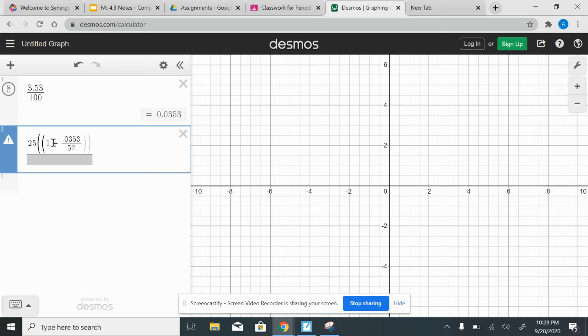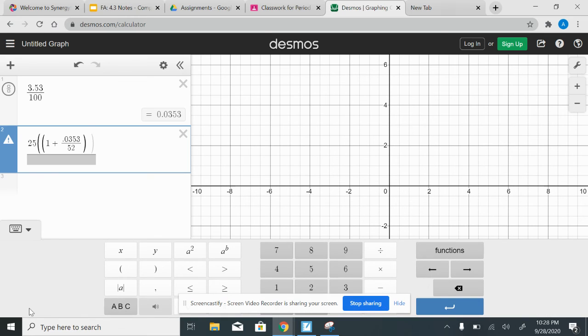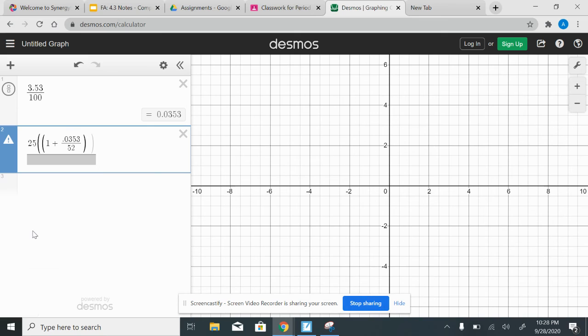Not really any different than anything we did on Friday. And then we're going to only put 1 parenthesis here, and we are raising it to the power of, you can hit Shift 6 or you can use the AB key on the keyboard here. Okay, there it is. And that's to the power of 52 times the time value of 1.